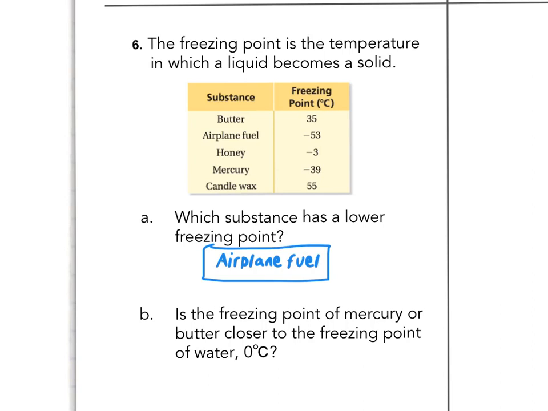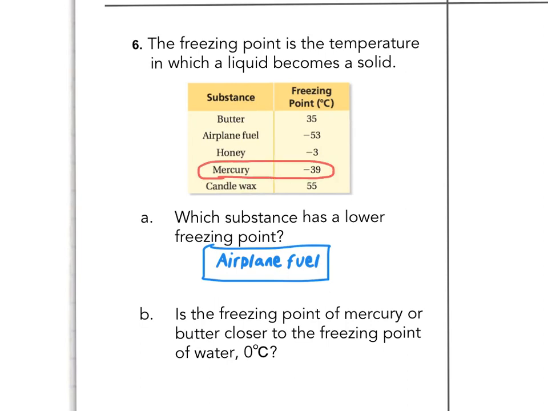And then for part B, it asks, is the freezing point of mercury or butter closer to the freezing point of water, which is 0 degrees Celsius? Okay, so which one's closer to the freezing point of water? Let's take a look. I'm going to circle both substances with my red pen. We have mercury, here at -39.